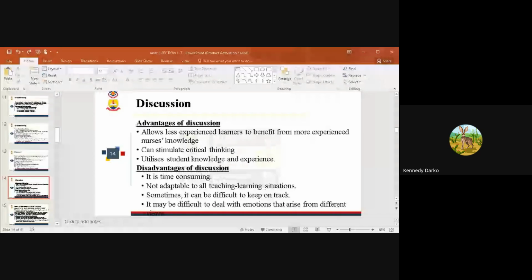It may be difficult to deal with emotions that arise from different views. Especially when you are treating an ethnic group, if a student doesn't know and makes a sarcastic statement concerning one ethnic group, then it will be a problem.